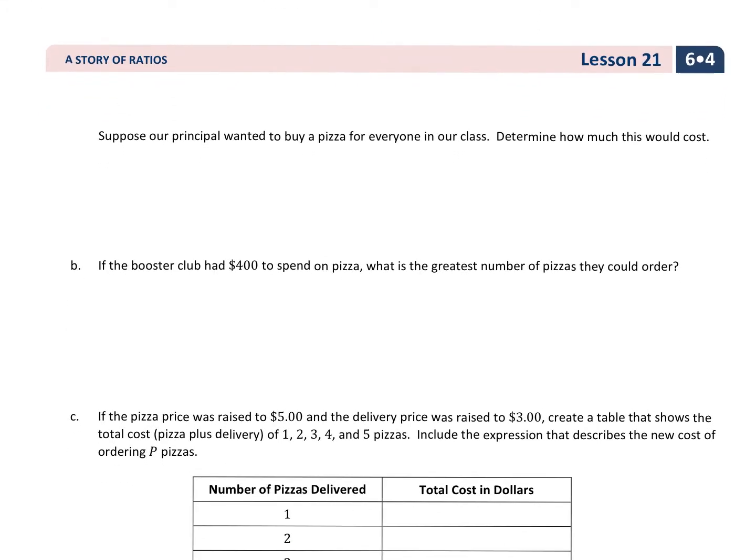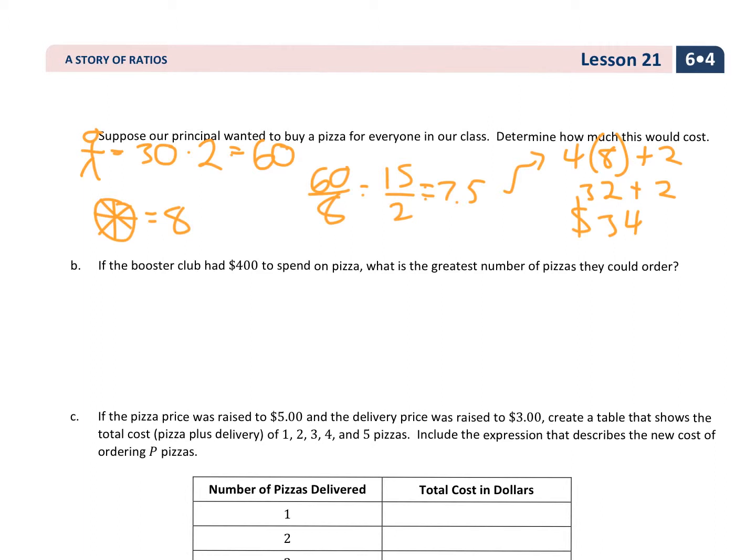And this says, suppose our principal wanted to buy pizza for everyone in our class. Determine how much this would cost. So we could solve that by thinking, okay, how many people are in our class? We have 30 people in our class. So let's say everyone wants to have two slices of pizza, so that would be 60 slices. Now let's assume that each pizza we buy is going to have 8 slices.